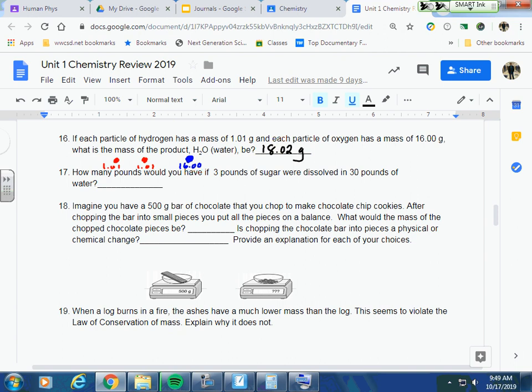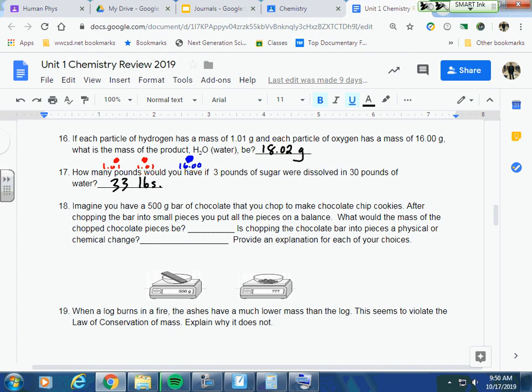So if I had 3 pounds of sugar at the beginning, I'm still going to have 3 pounds of sugar at the end. If I had 30 pounds of water at the beginning, still going to have 30 pounds of water at the end. The only change that's happening is dissolving something, which is breaking up the sugar into smaller parts. So 3 and 30 would make a total of 33 pounds of sugar water. Just add them up.